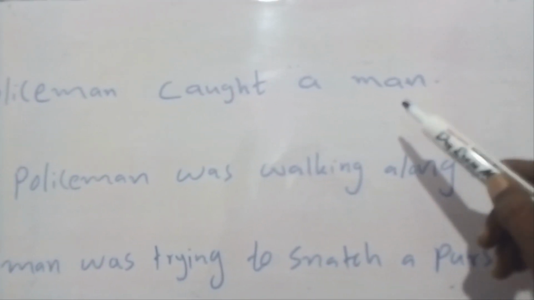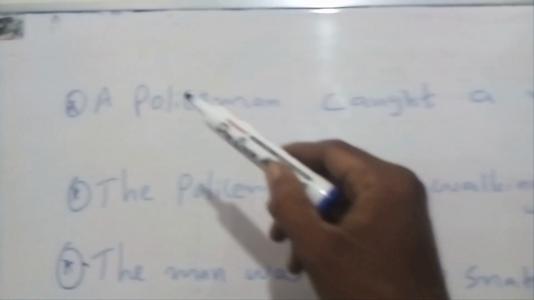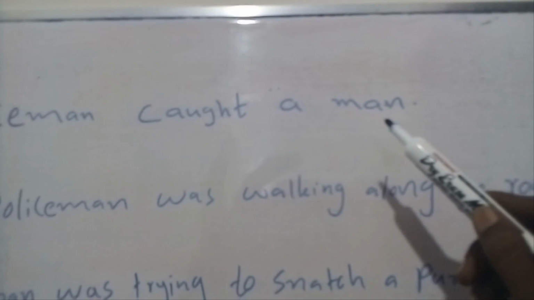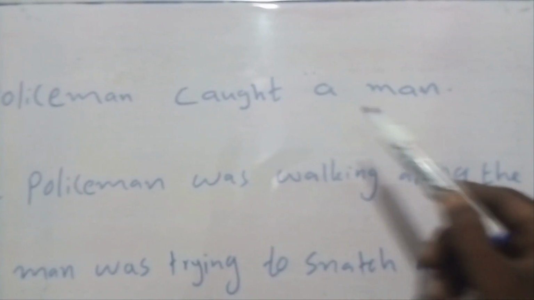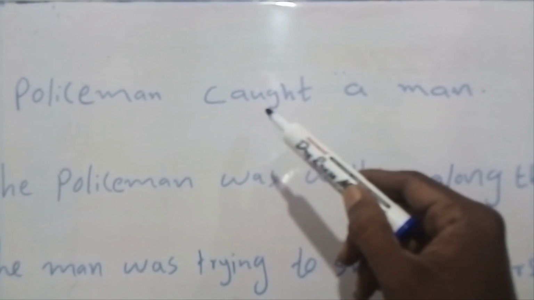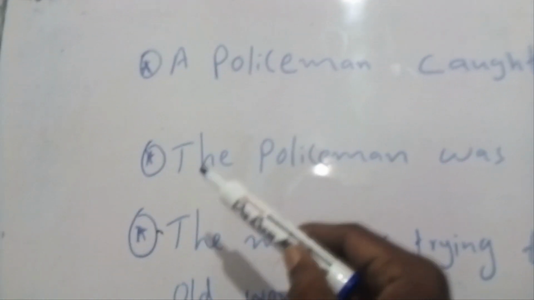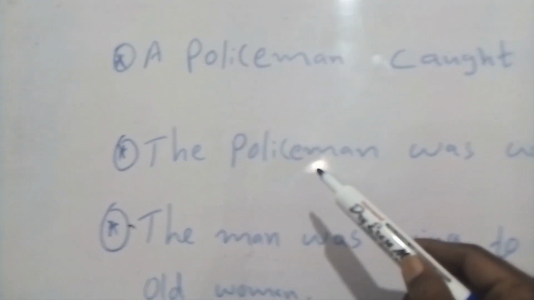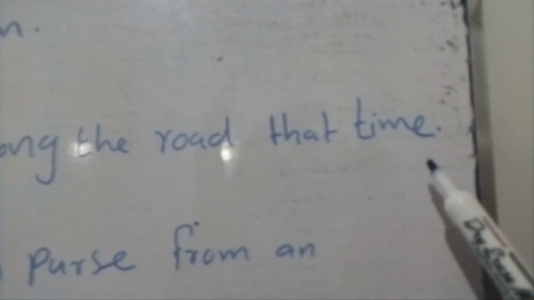So I'm thinking right now, I want to describe these two nouns more while keeping these two nouns in the same sentence. So now I want to tell you something more about this policeman. That means that policeman, at that time, was walking along the road.